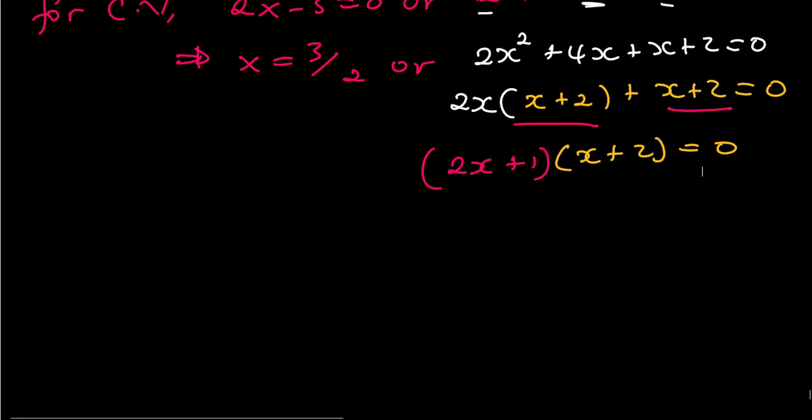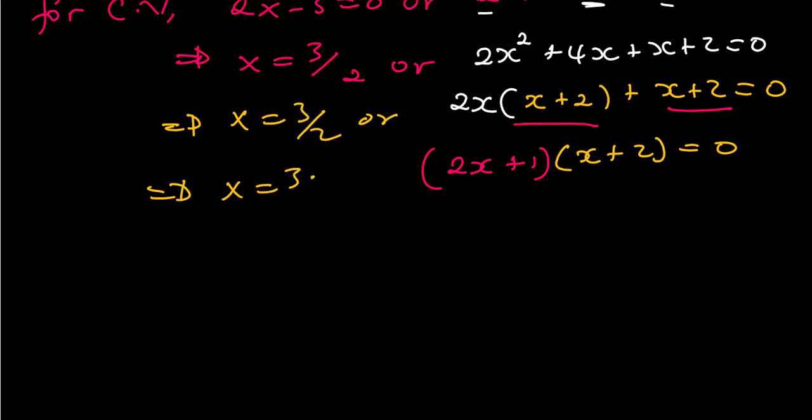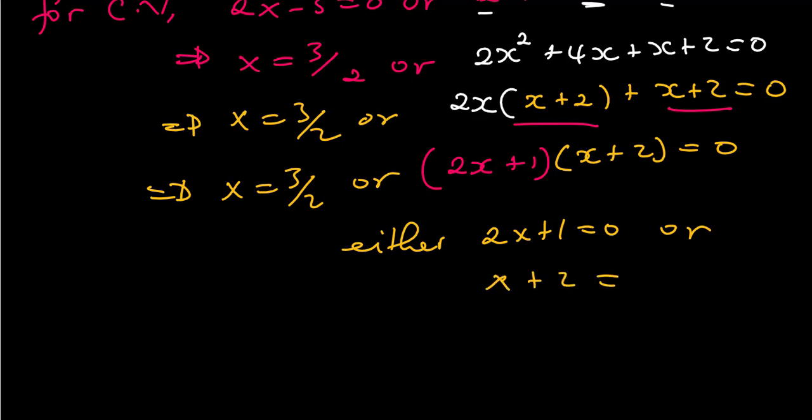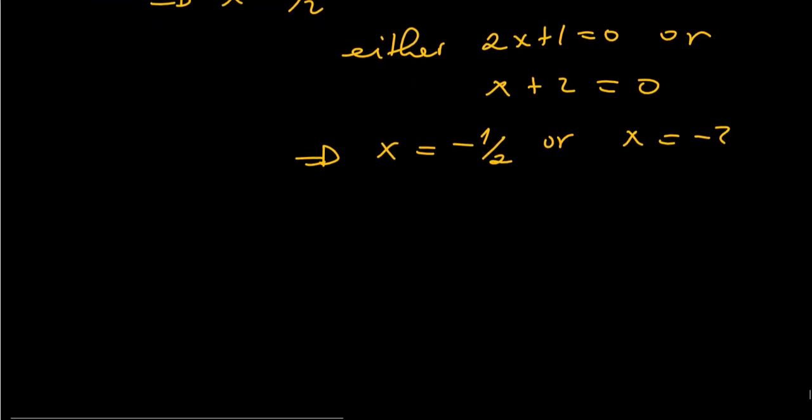So there are two possible outcomes. Either 2x plus 1 is equal to 0, or x plus 2 is equal to 0. So we get that x is either equal to negative a half, or x is equal to negative 2. So those are the possible values of x.